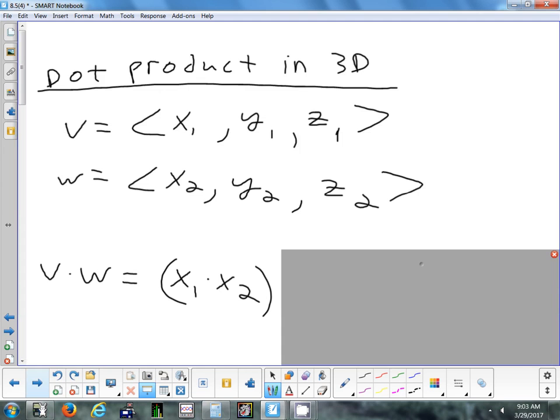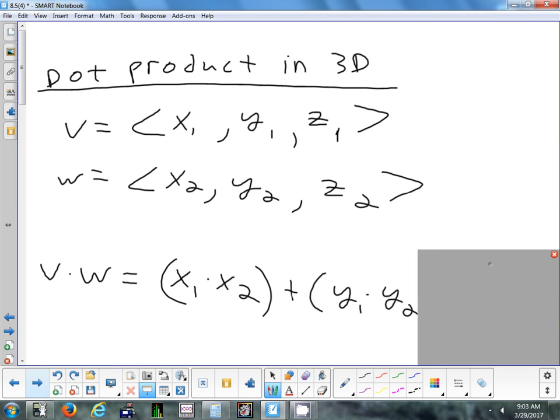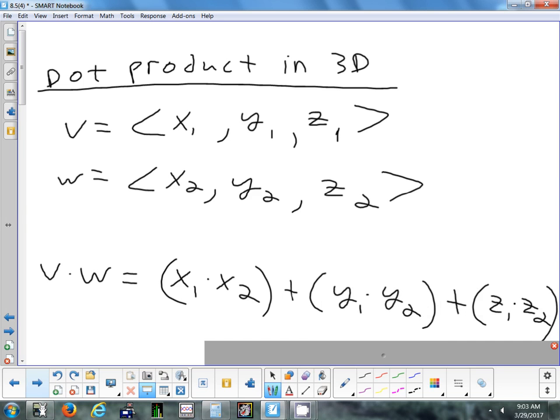Anything we're going to do before that? Plus. Plus z1 times z2. Yeah, plus z1 times z2. So just like all the other formulas, it's just adding that third part onto the end with the z's.